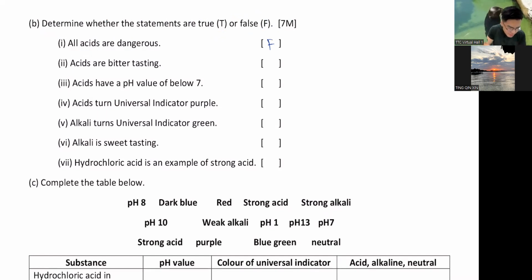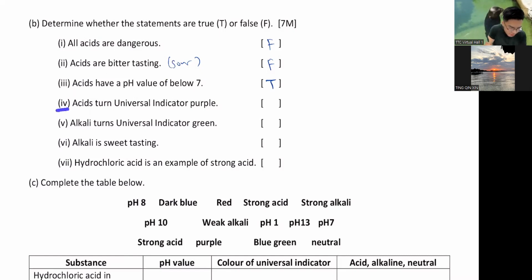And then next, number 2, acids are bitter tasting. Okay, acids 是很苦的咩？No. Okay, acid, they are sour. Not bitter. Number 3, acids have pH value below 7. Yes, true. Okay, 低过7, lower than 7.